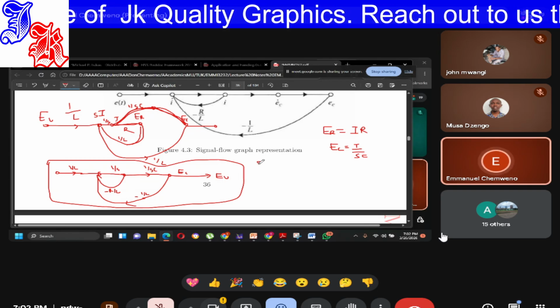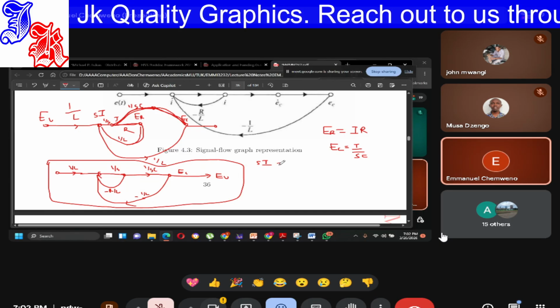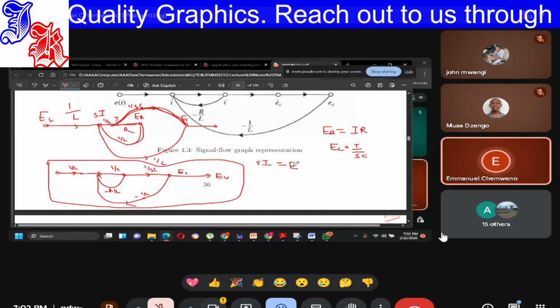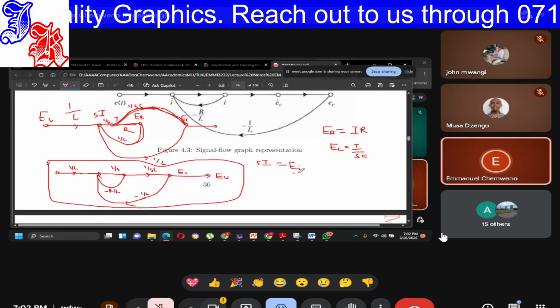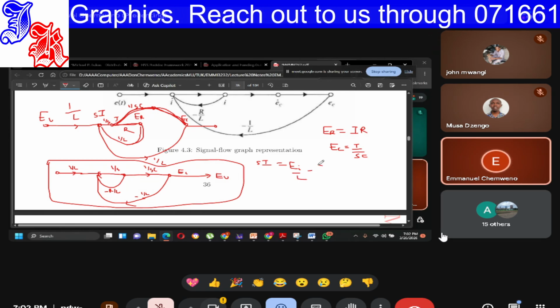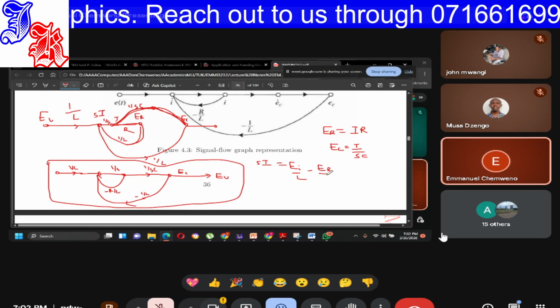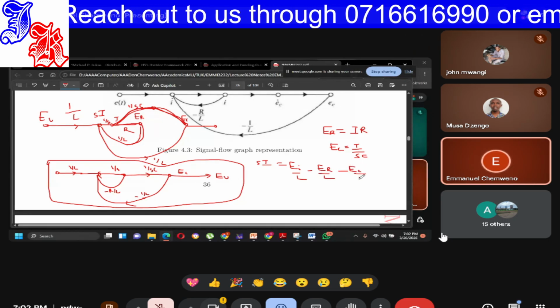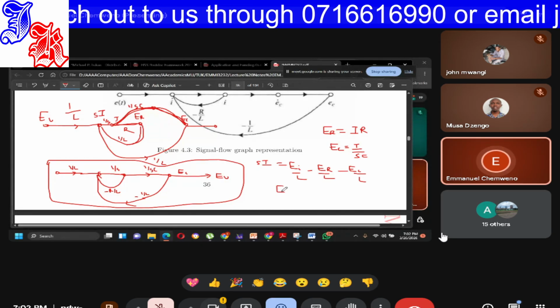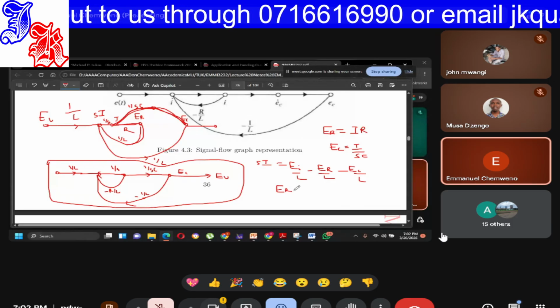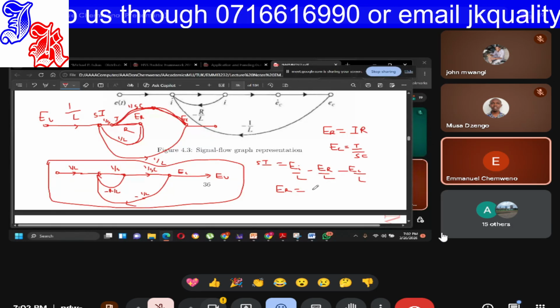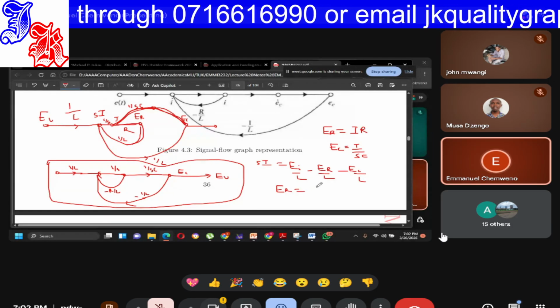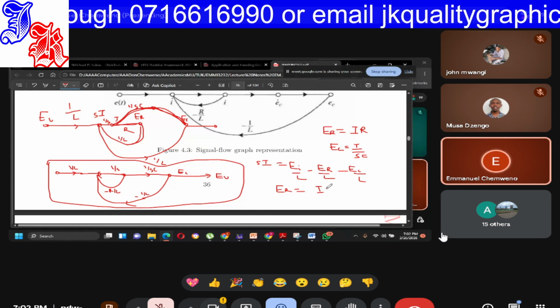using SI is equal to EI over L minus ER over L minus EC over L. ER is equal to IR.